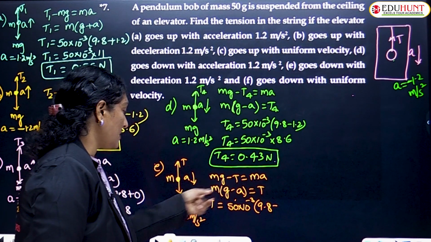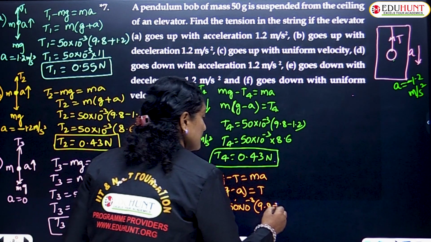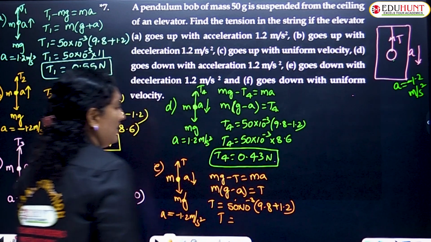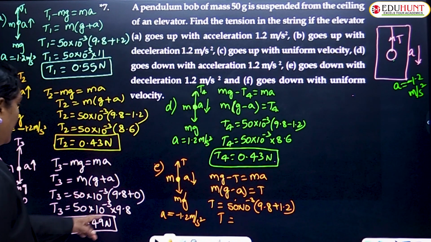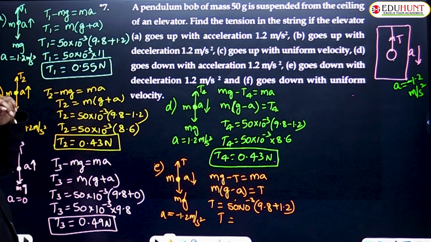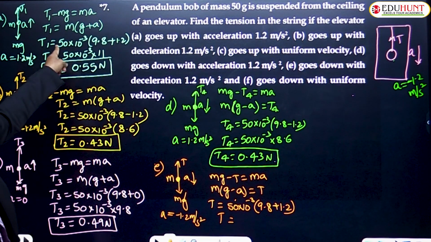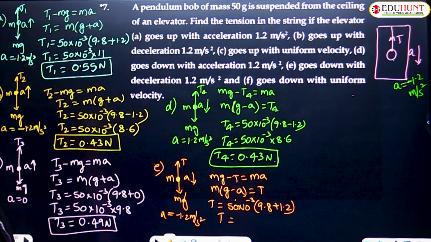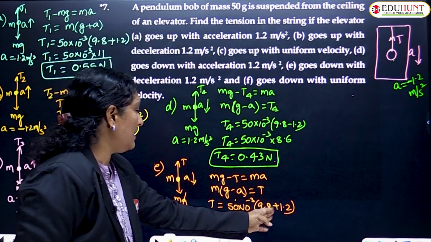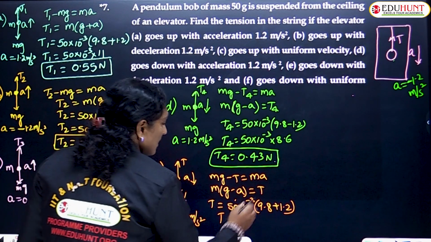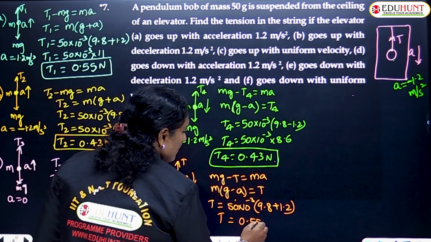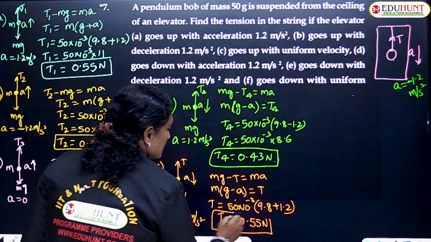So this minus and this minus will become plus, so plus 1.2. Hence the value of T is similar to the first one: 50 into 10 power minus 3 into 9.8 plus 1.2. You'll get this value as 11, 11 into 50 is 550, into 10 power minus 3, you will be getting it as 0.55 newtons.